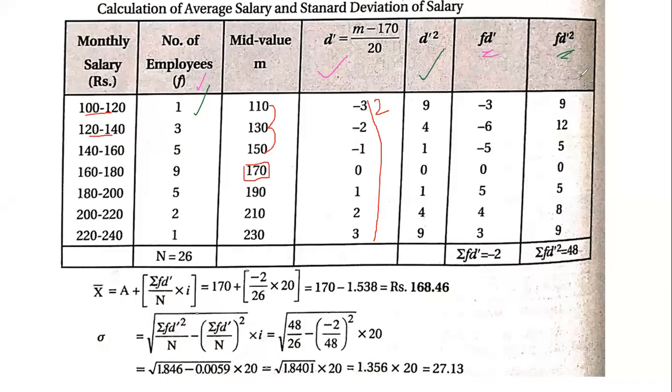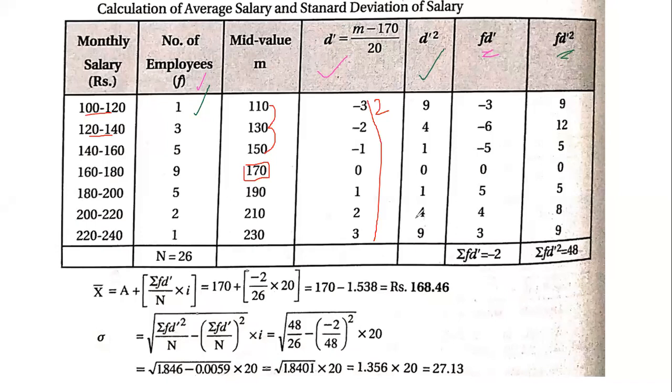Now after completing this table, what all did we find? We found D dash square, FD dash and FD dash square. Those are the major things we were supposed to find out. Now after this, we have to just go for the formula. Let's quickly finish up the formula.